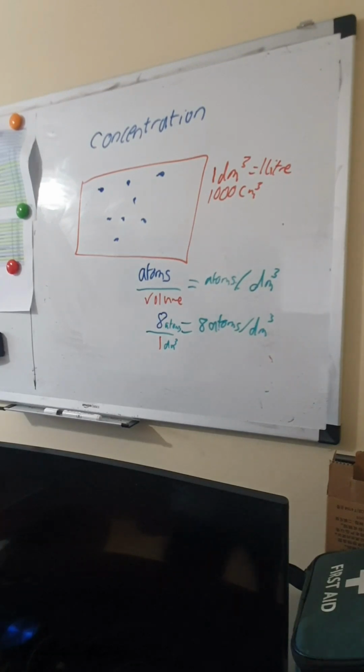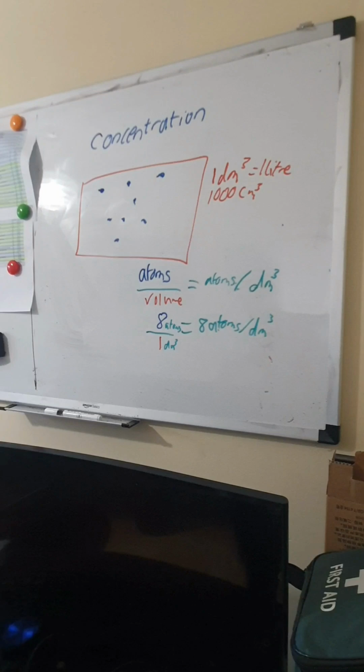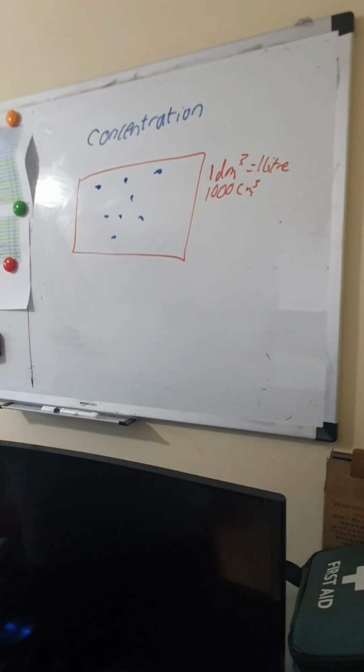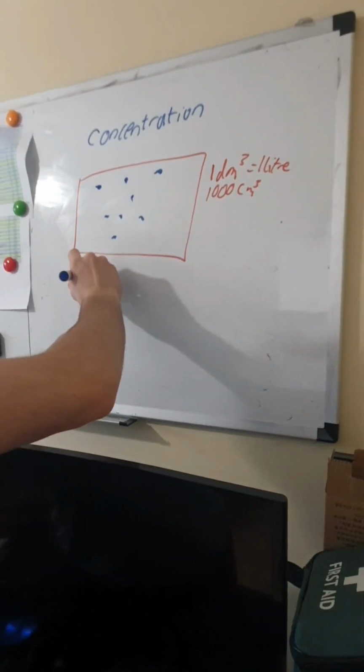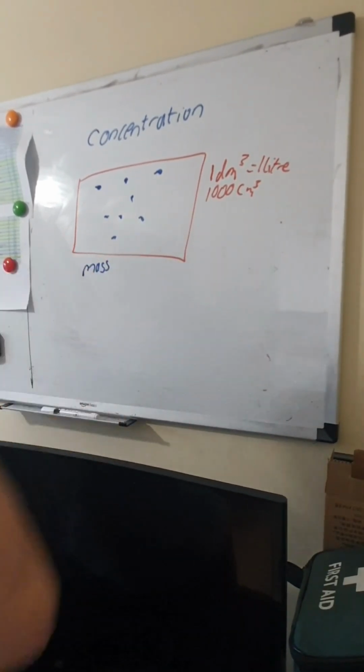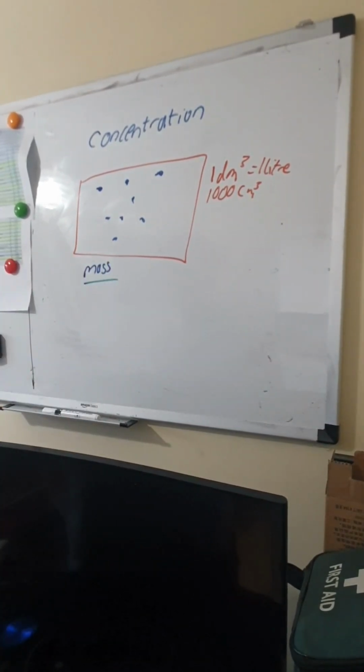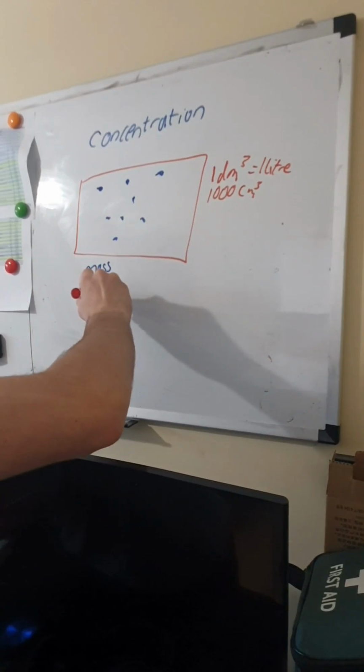Now, another way of thinking about this is by thinking about it in terms of grams. So grams is just another way of saying how much we have of something. So instead of doing atoms over volume, we do mass over volume. So we're going to do mass divided by our volume.